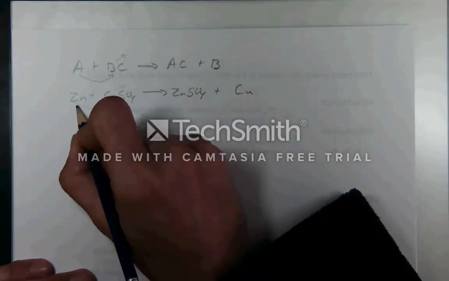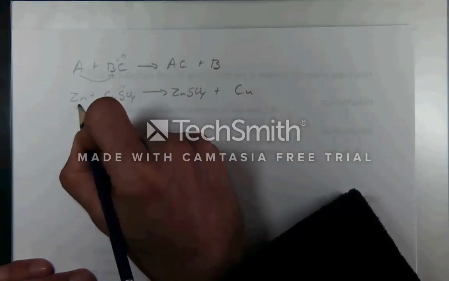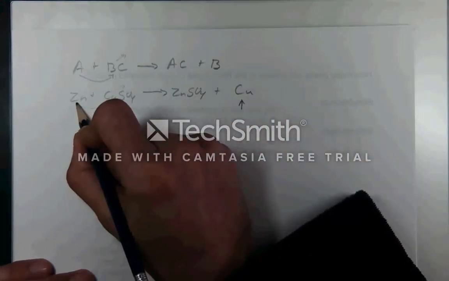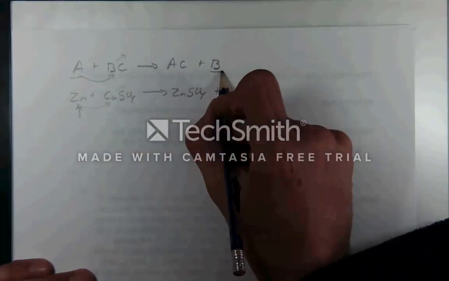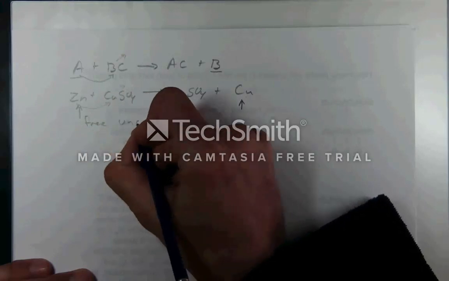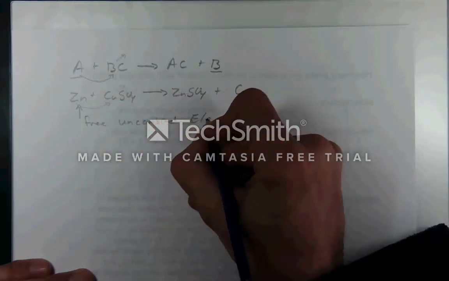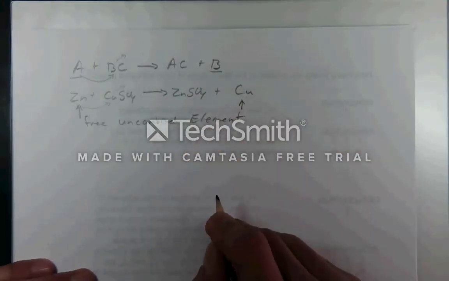The reason I can say single displacement is always redox is because we have a free uncombined element in the reactants and a free uncombined element in the products. So A and B here. Free uncombined element. Anytime you see that in a reaction, you know it is a redox reaction.